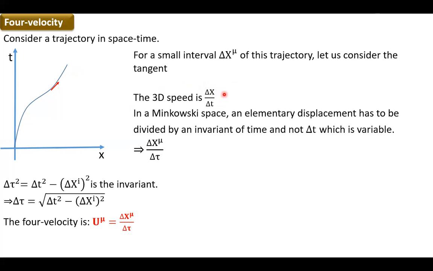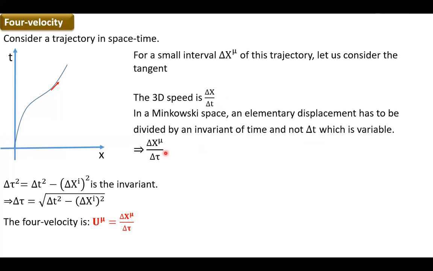Now you cannot take delta x mu over delta t, because in a Minkowski space, in space-time, your delta t is not invariant. Delta t is variable. And you need to consider this variation delta x in terms of an invariant of time. So you cannot use delta t.